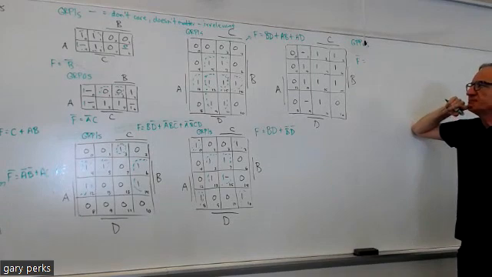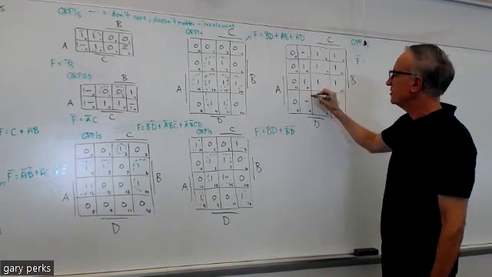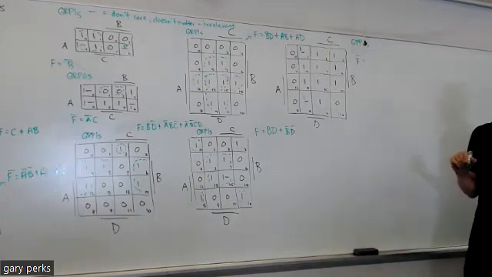So what would you do? Well, what would you make the don't cares equal to? Just make them equal to 1, right? Because if I make it a 0, I'm going to add a term here. Also, I would add a term here. So I would make these don't cares equal to 1. You agree with that?